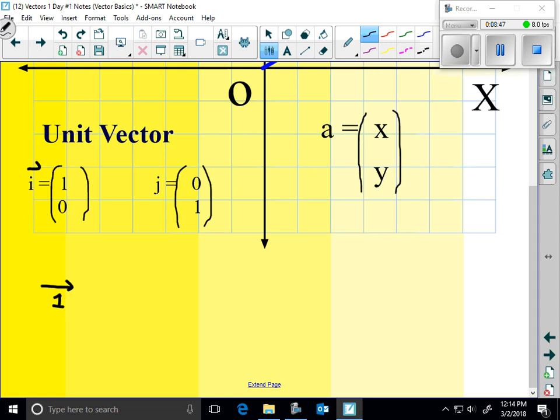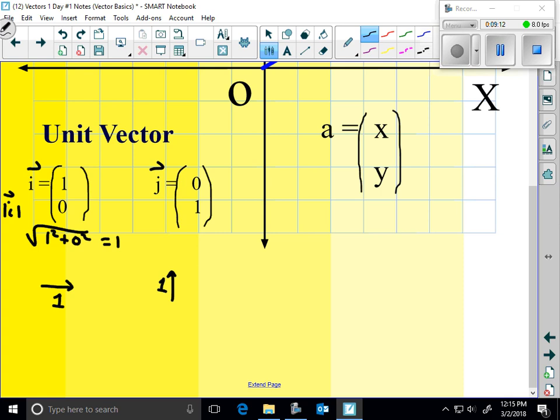What would the square root of 1 squared plus 0 squared be? Well, it would equal 1. So the magnitude of vector i is equal to 1. That's pretty straightforward, right? Likewise, vector j, if you have 0, 1, that's 0 movement right or left, but 1 in the vertical sense. So, of course, the Pythagorean theorem, again, would work for that.